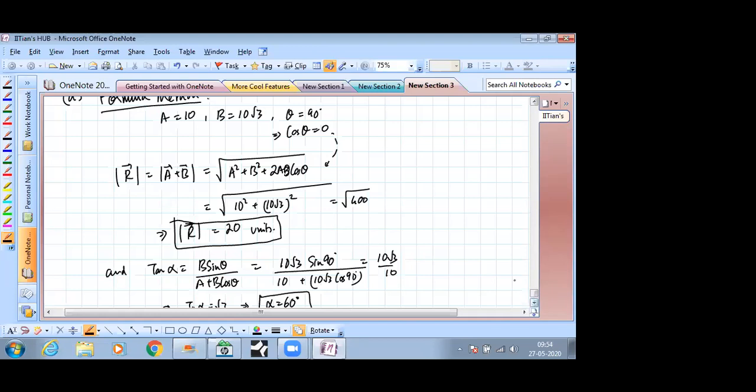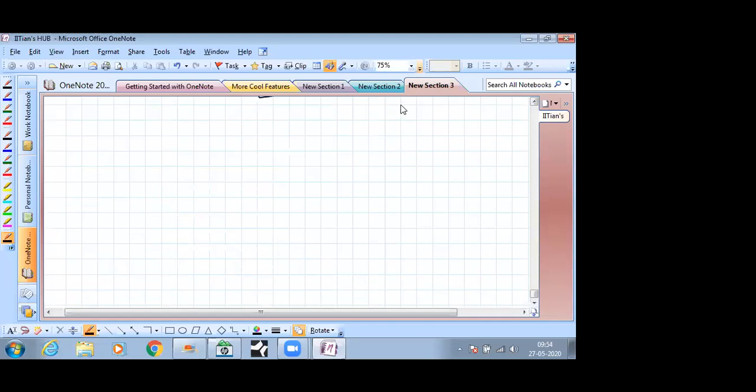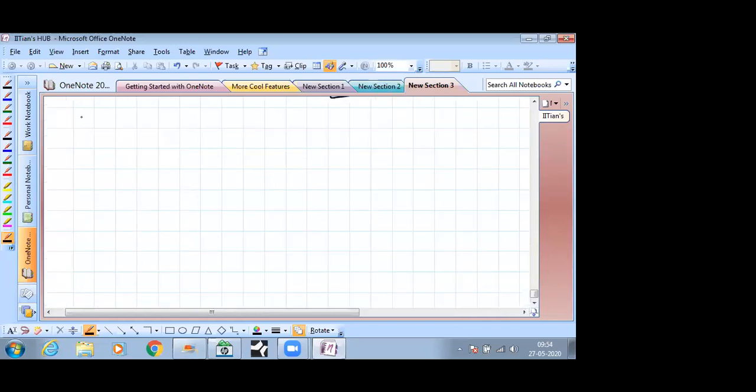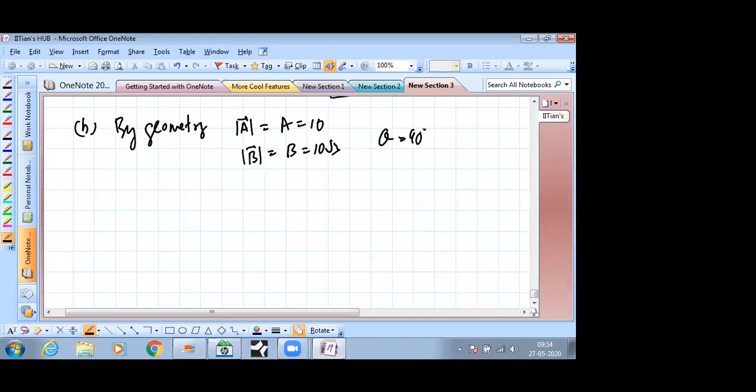Let's also see this by the geometrical method. This is a very simple triangle when we draw it. It's a right angle triangle like this.